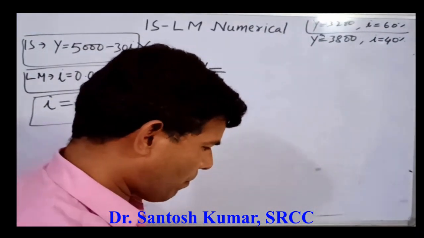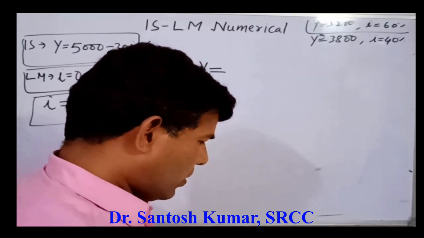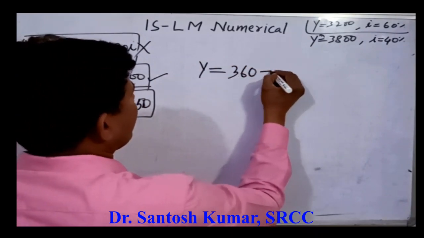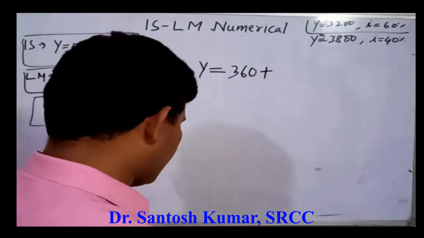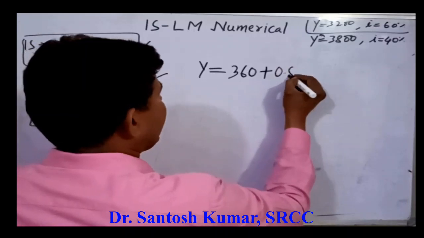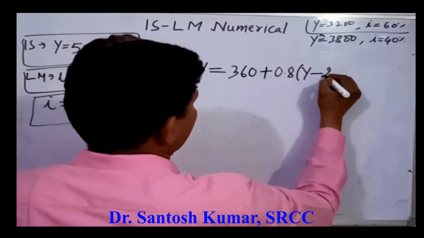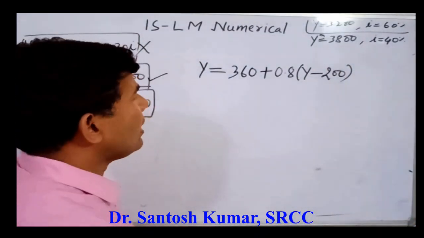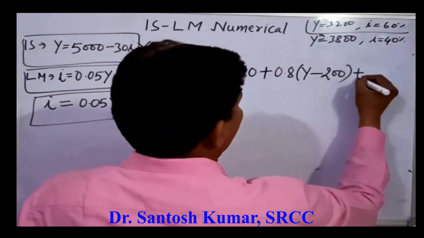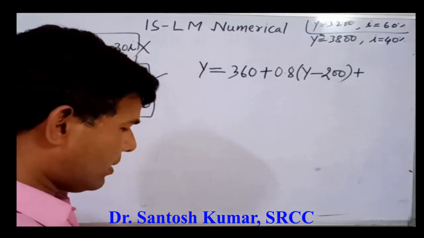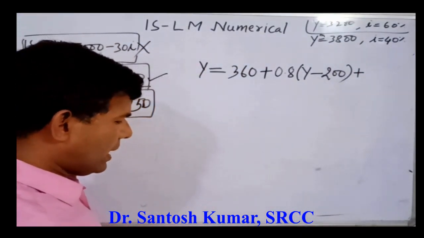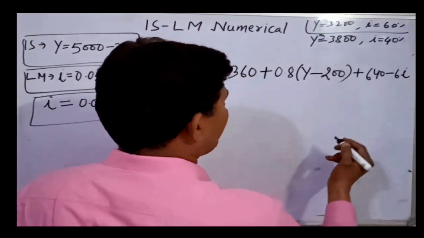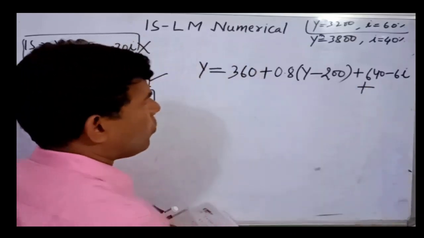And what is aggregate demand? We write here 360, that is your consumption function, 360 plus 0.8 Y minus 200, assuming there is no change in tax as the question suggests, right? Plus your investment function remains the same, so you've got 640 minus 6i, okay, and plus what else?